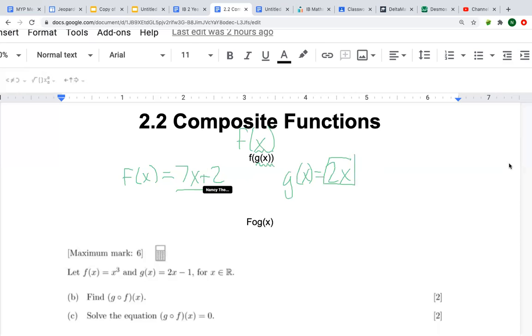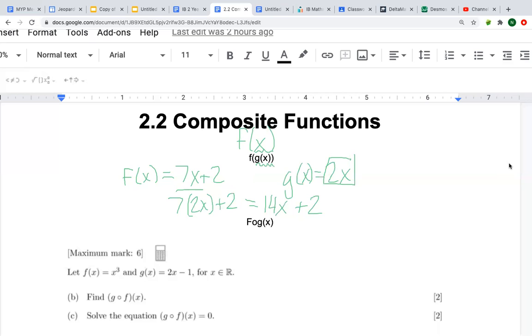So I would have 7 times 2x plus 2, which would be equal to 14x plus 2. And it's that easy. So let's go ahead and take a look at some of the IB problems and see if we can figure those out.